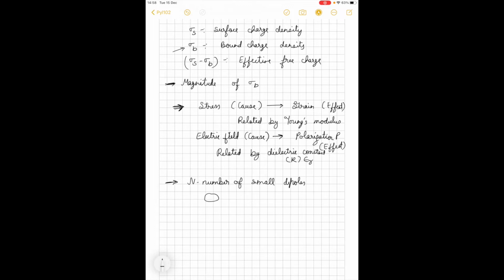Each dipole would be something like this: minus QD, and this charge is plus QD, and the distance between them is x. So the dipole moment of each of these dipoles would be QD times x. This represents the polarization of an individual atom.